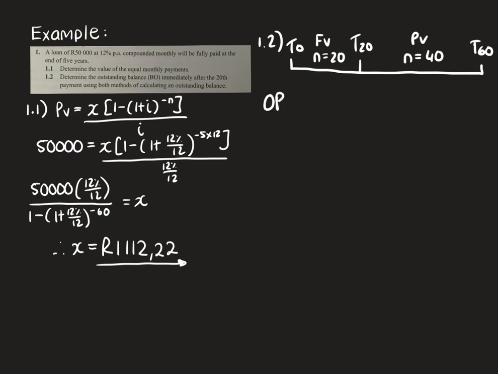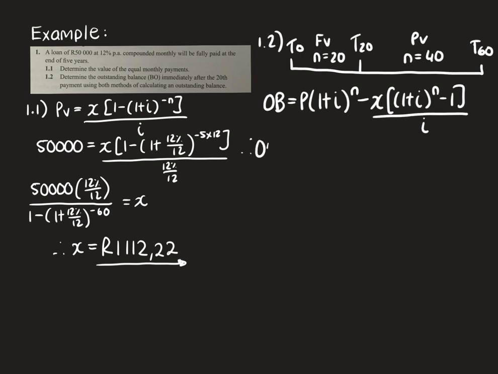My outstanding balance is equal to, I'm going to write the formula out so that you guys can also try and get it into your head. They unfortunately don't give you these in the test, so you need to learn them off by heart. All over i. Okay, so the outstanding balance is equal to the 50,000 open bracket 1 plus 12% over 12 to the power of 20, because my N value for my future value annuity method is 20, minus X, which is the 1112,22 open square brackets.